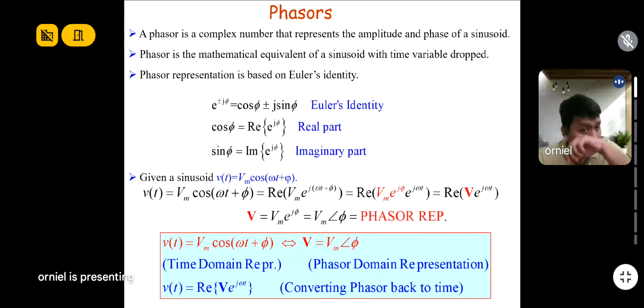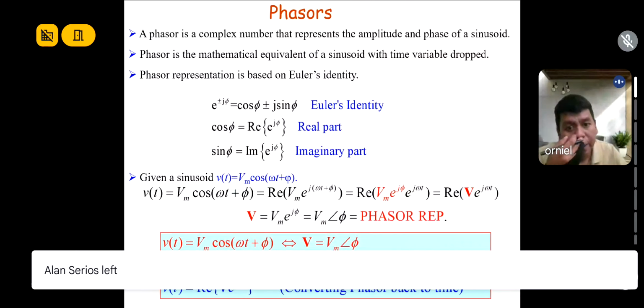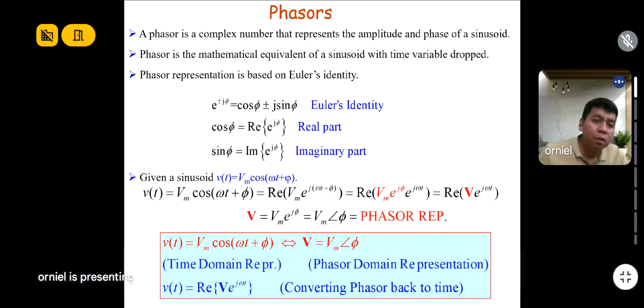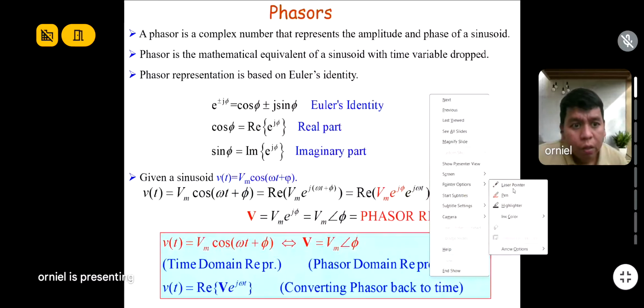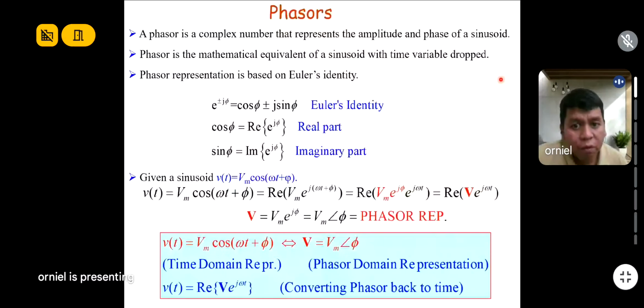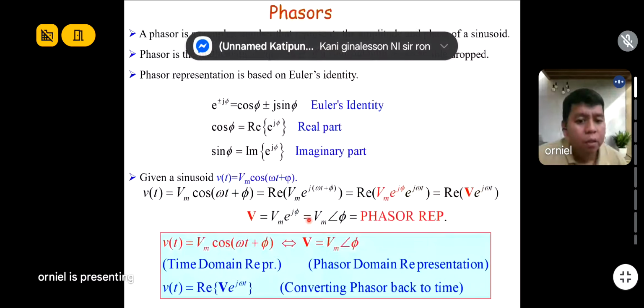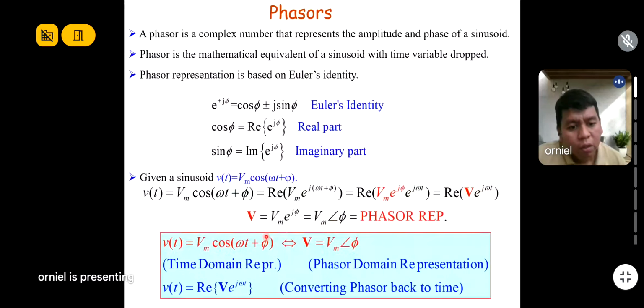Okay. And also for the phasor, we're done talking about complex numbers. Now, how about phasors? A phasor is a complex number that represents the amplitude and the phase of the sinusoids. Also, a phasor is a mathematical equivalent for the time-varying quantity. This is the formula of a phasor. You can see the difference between the time domain and the phasor.